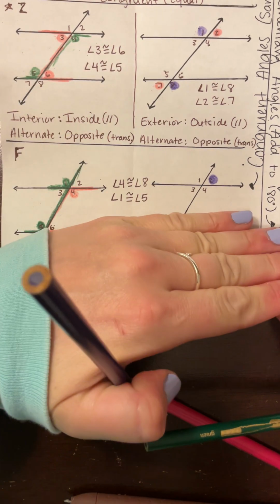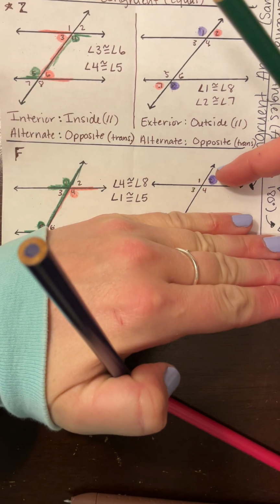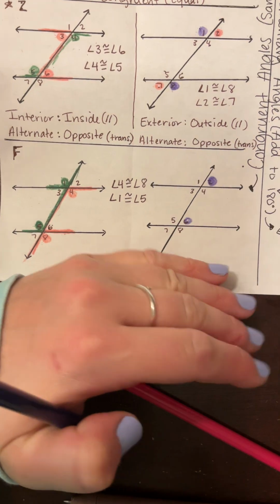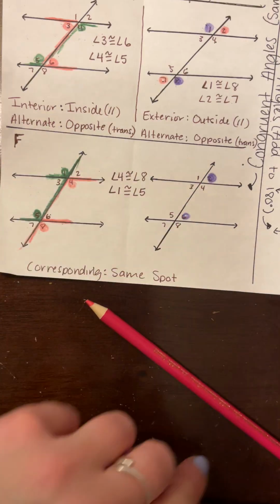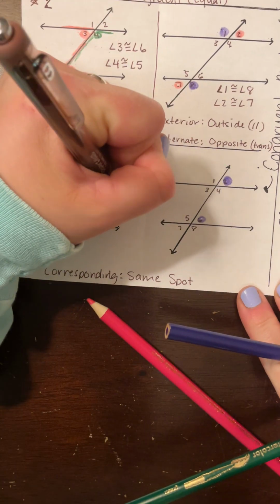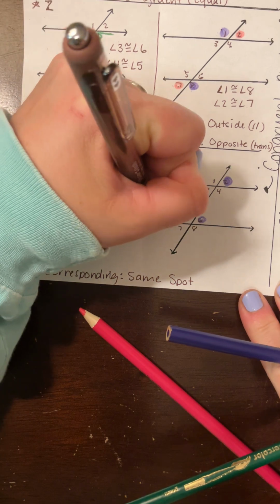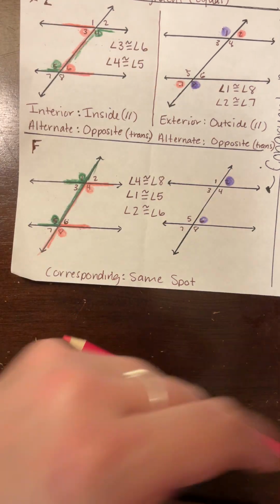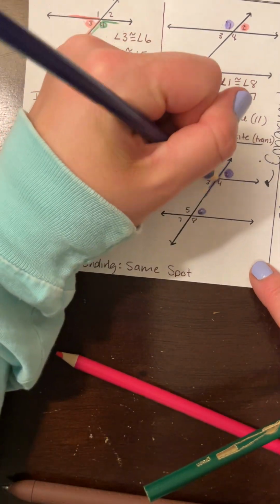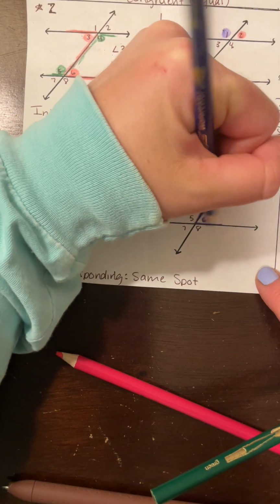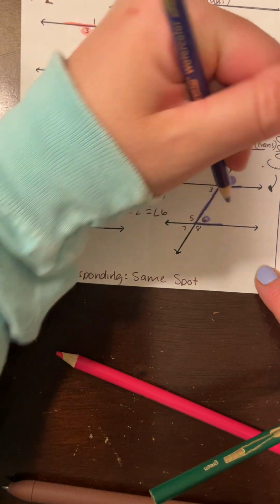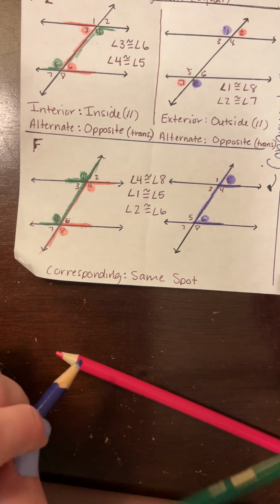See how in their own parallel lines, this is top right, this is top right. They're in the same spot. So by corresponding angles, we know that angle 2 is congruent to angle 6. And again, if you want to, you could draw the upside down F and see that your congruent angles are in the armpits of the F.